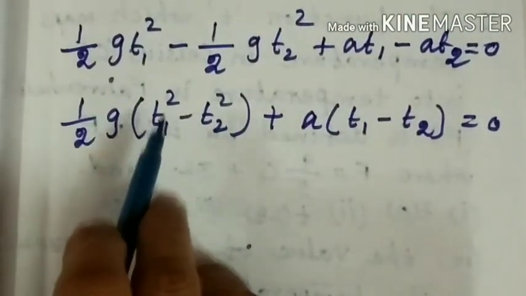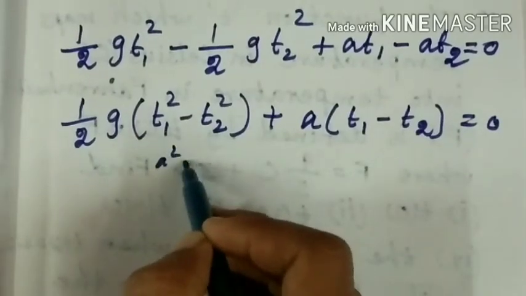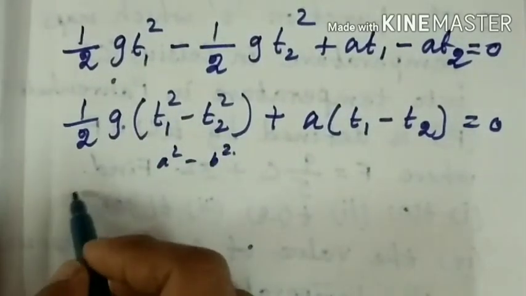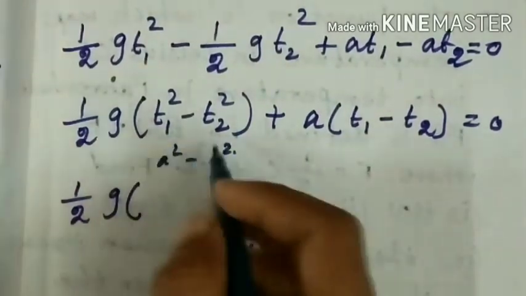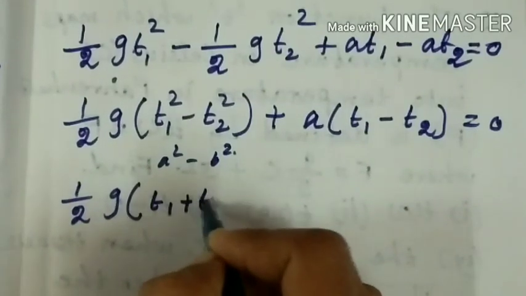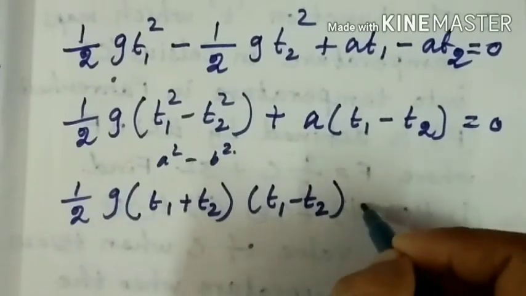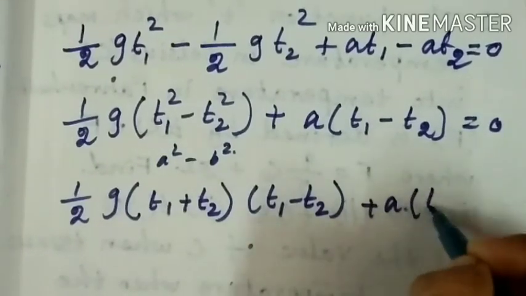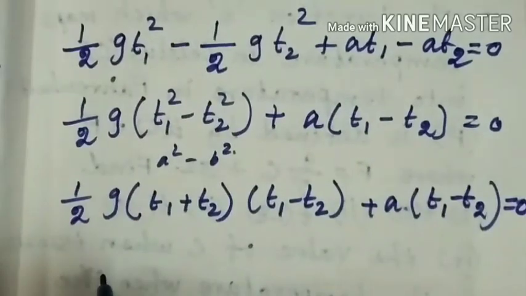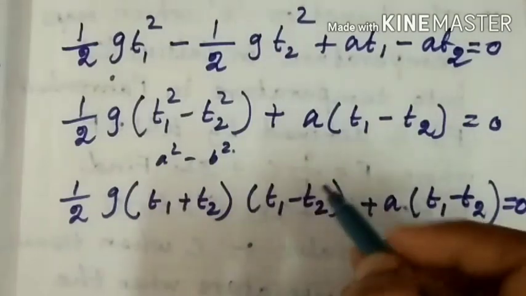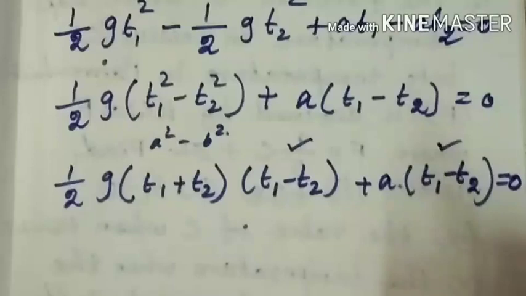See here, t1 squared minus t2 squared is in the form of a squared minus b squared. Then use this identity and write t1 plus t2 into t1 minus t2 plus a into t1 minus t2 equal to 0. Here which is common? t1 minus t2, and here also t1 minus t2.